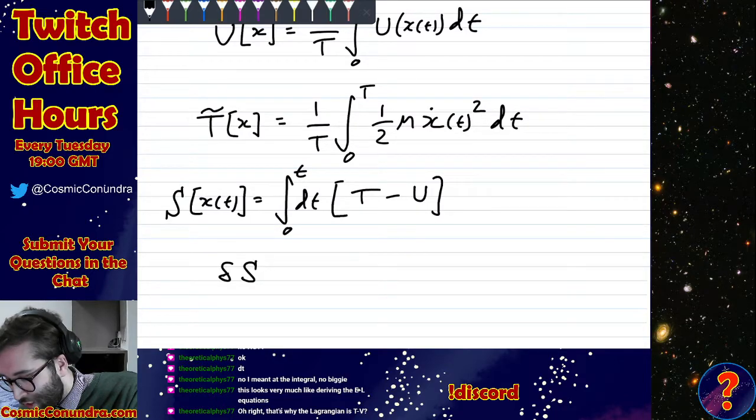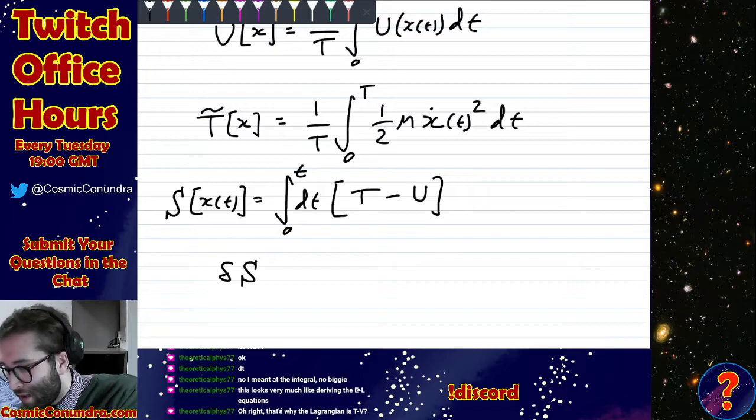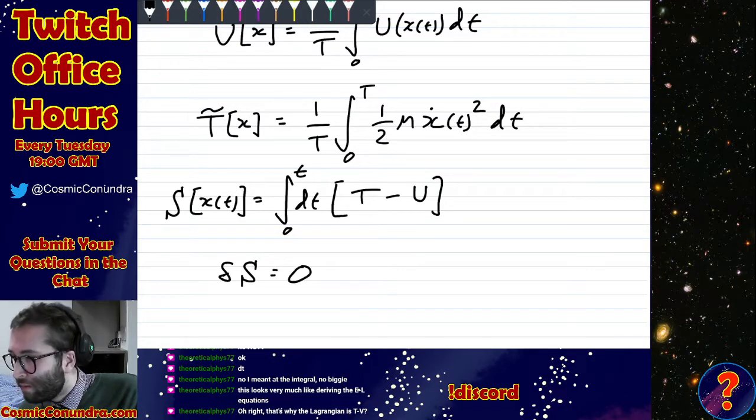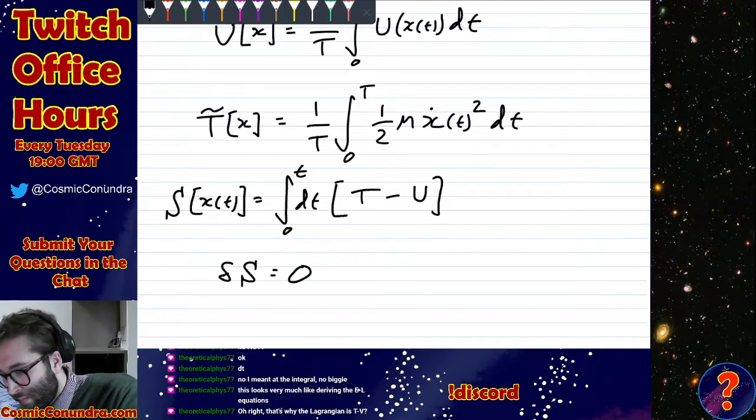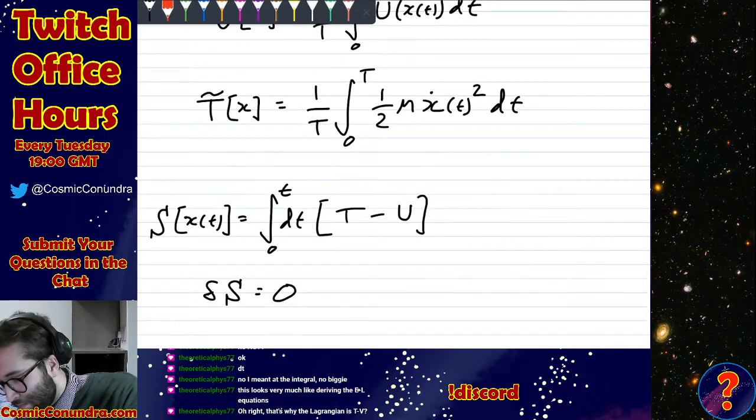So if I change this path slightly, if I change the path x(t) into x(t) plus delta x, plus some wiggle in the path, the wiggle in the action will be 0, no matter what the wiggle I give in the path will be. Okay. And these statements here, this is really Hamilton's principle.